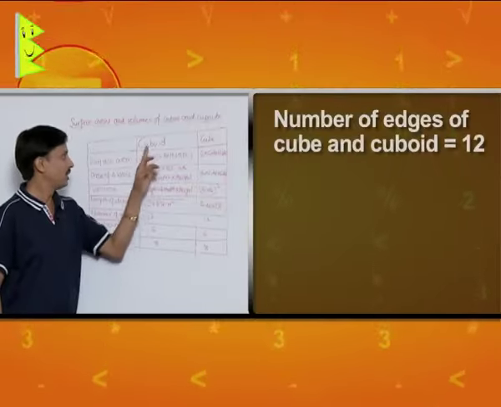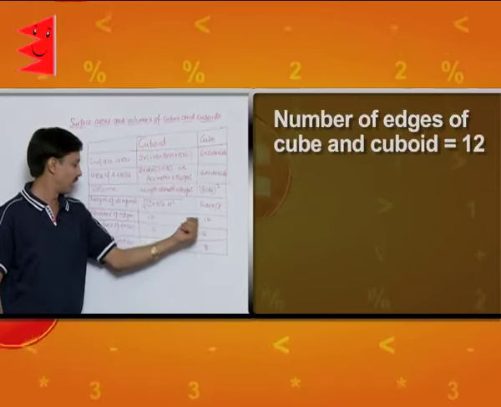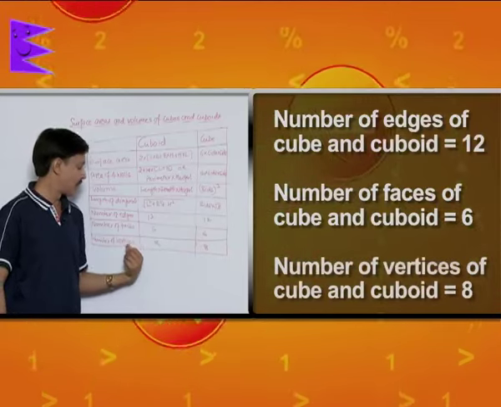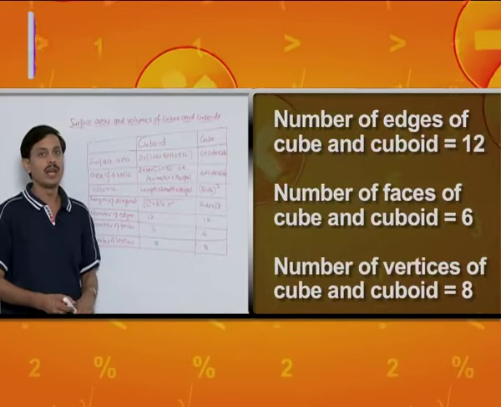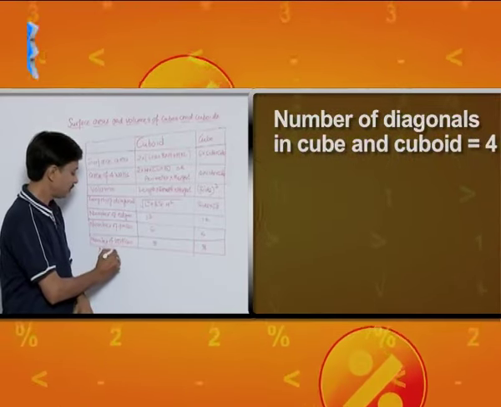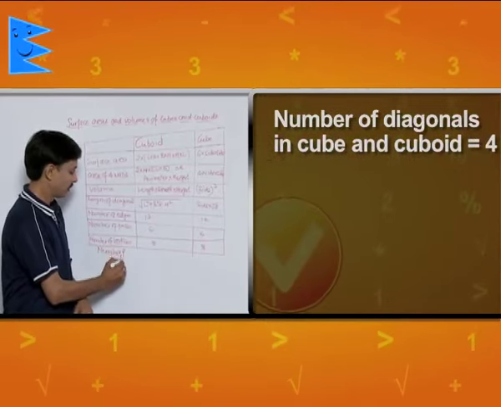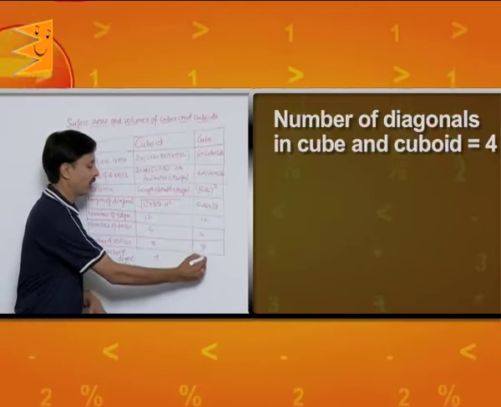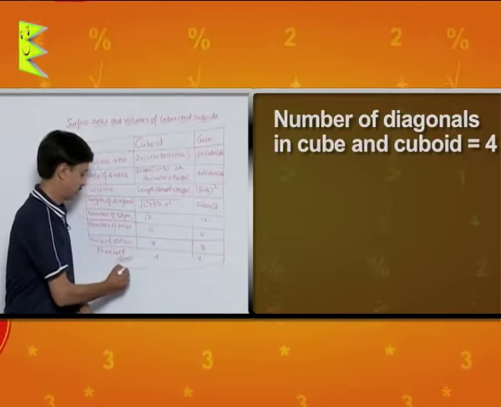Number of edges in a cube and cuboid is both 12. Number of surfaces is 6 and 6. Number of vertices is 8 and 8. And I want to tell you that the number of diagonals is 4 in both cases.